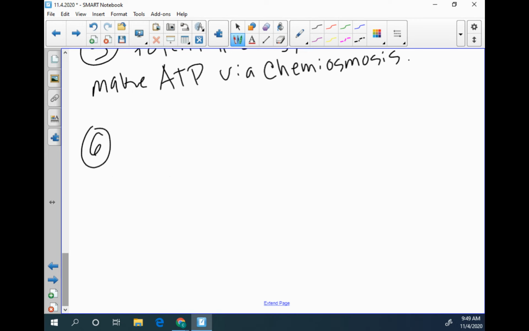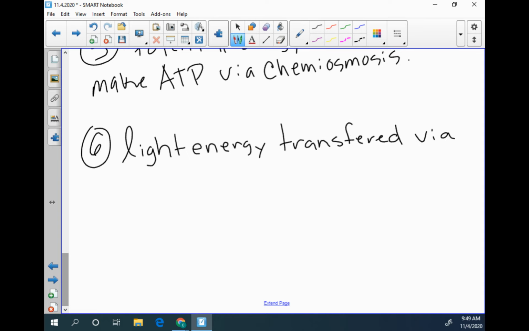So light energy is transferred via light harvesting pigments to the photosystem 1 reaction center.